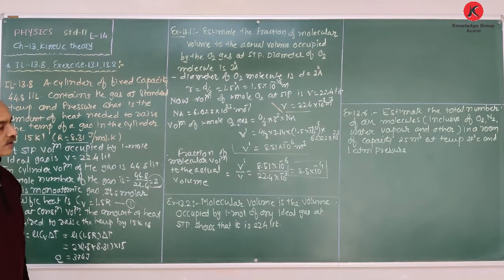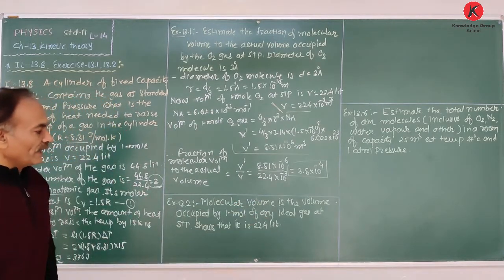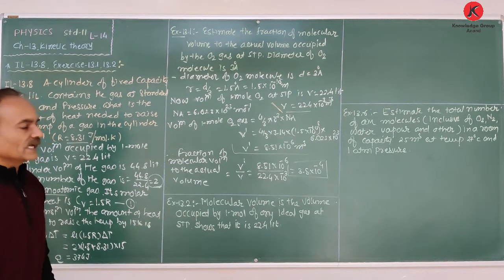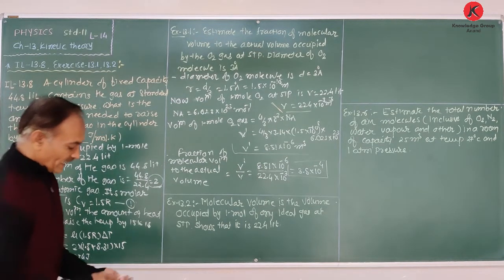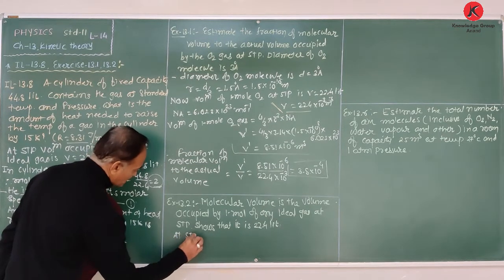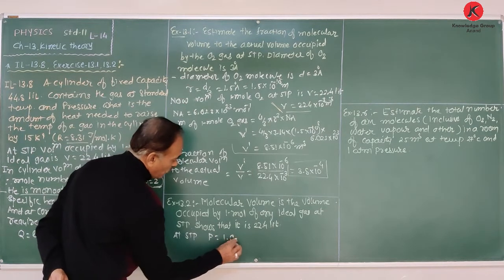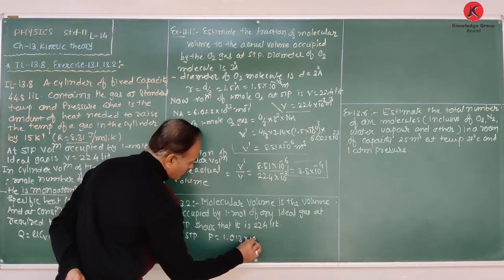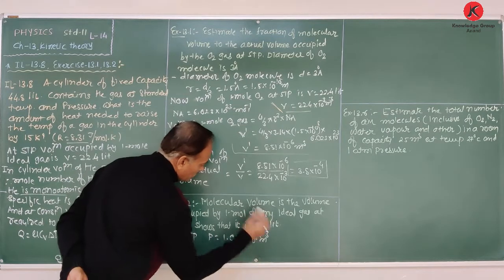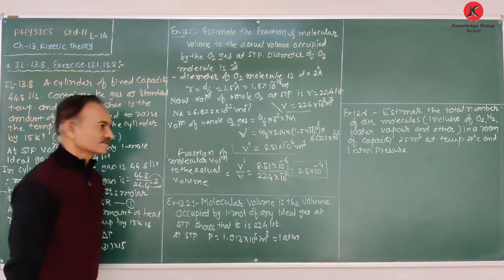Clear it? After that, the molecular volume is the volume occupied by 1 mole of an ideal gas at STP, that is 22.4 liter. So first, at standard temperature and pressure, the pressure P is equal to 1.013 × 10^5, which is 1 atm, 1 atmospheric pressure.